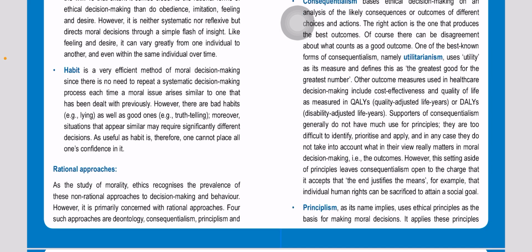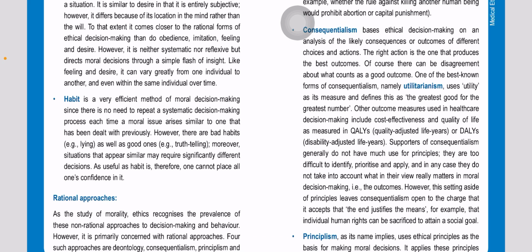One of the best known forms of consequentialism is utilitarianism, the word itself from utility, which defines the measure as the greatest good for the greatest number.